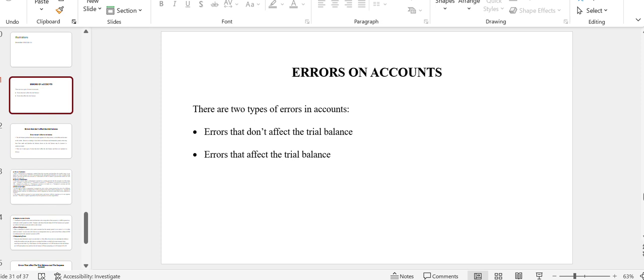Normally, under the stages of preparing the financial statements, if you're an accountant and you want to prepare the financial statements, remember in our first topic we said it begins with collecting financial data. As an accountant, you collect financial data through various documents.